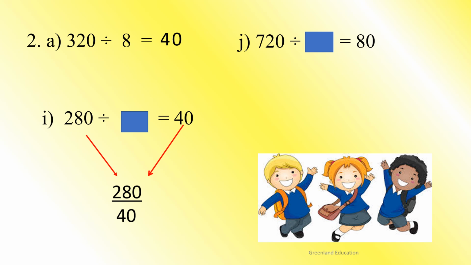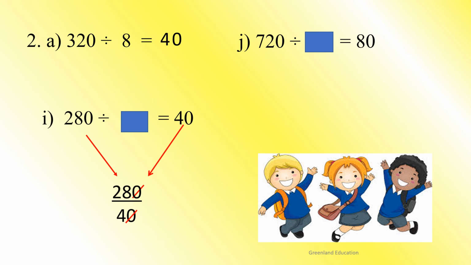Children, earlier I explained 0 to 0 you can cut. Then 28 you have to divide by 4. For this 28, how many 4s are there? 7. So what is the answer? Answer is 7.